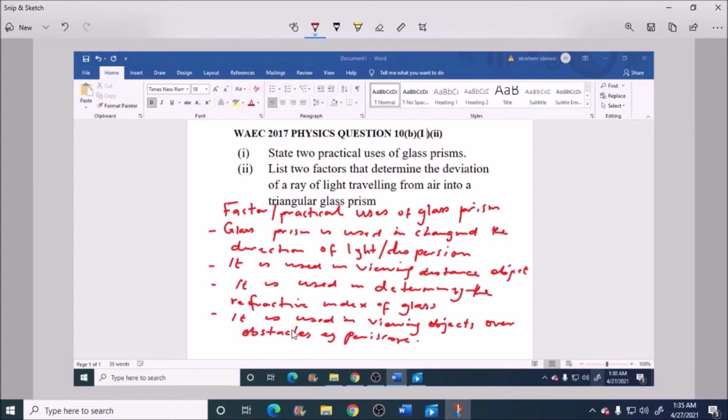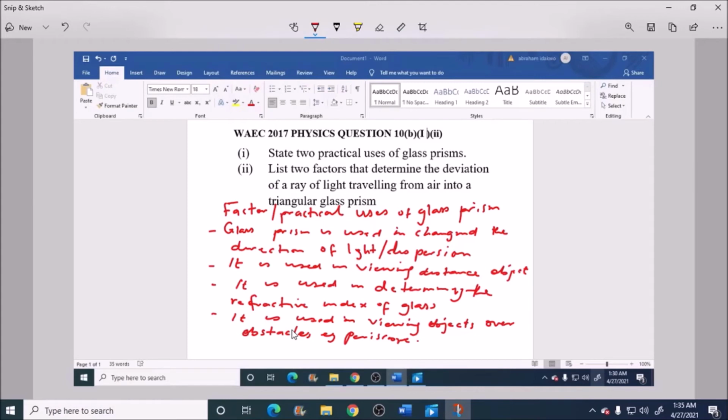So here we want to consider factors. The factors are: number 1, we have angle of incidence. Number 2, we have refractive index of the prism.